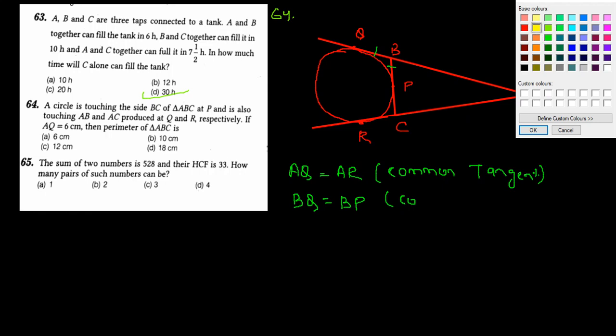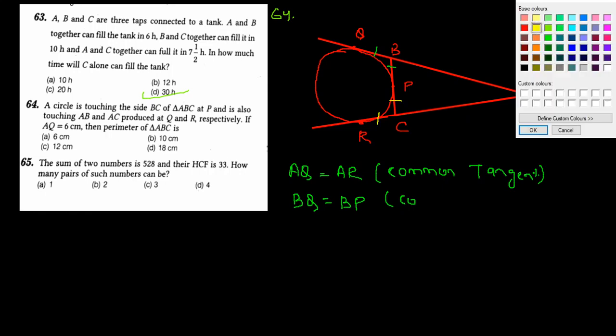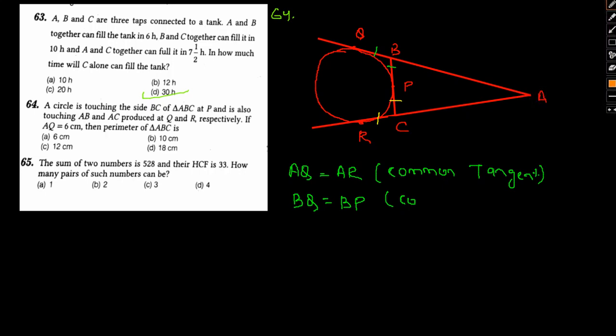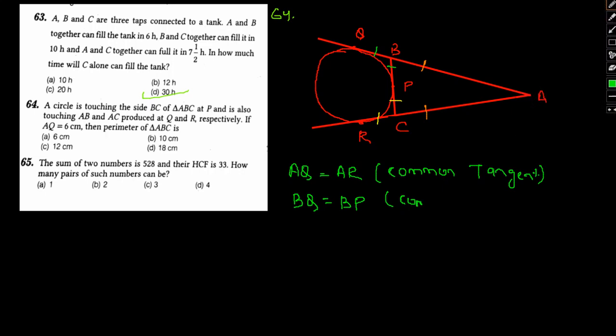Let me highlight it with different colors. This will be equal to this, and subsequently this entire thing will be equal to this entire thing, AQ equal to AR. And also CP equal to CR.